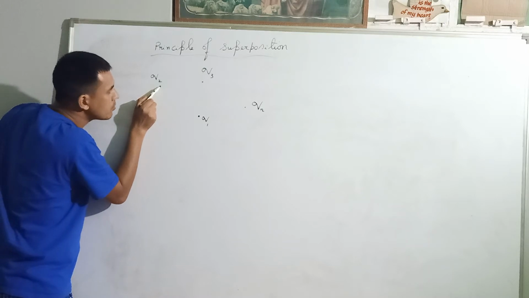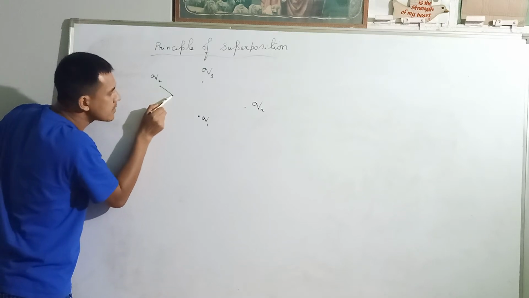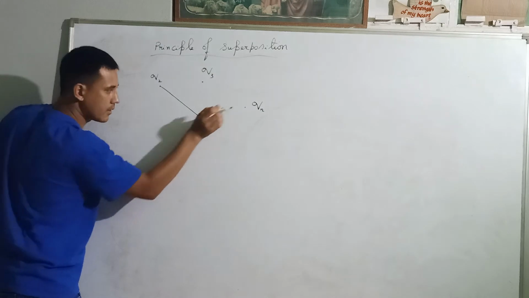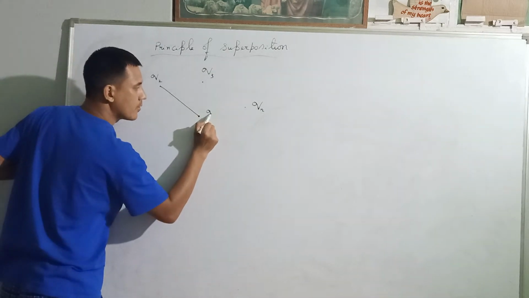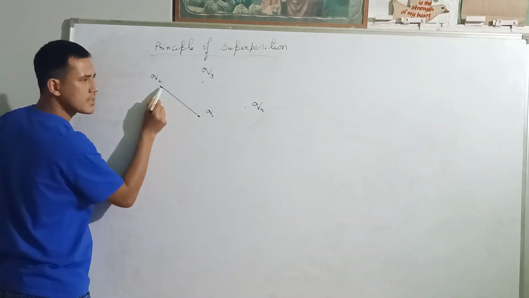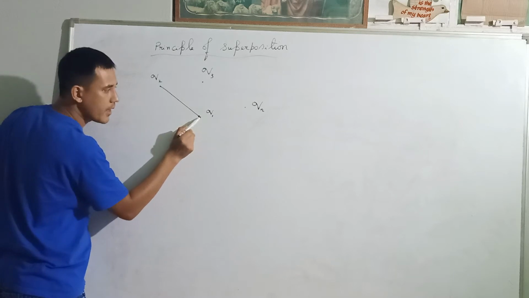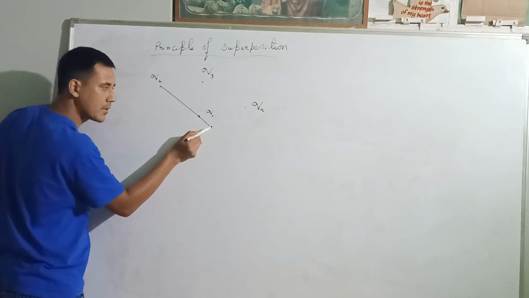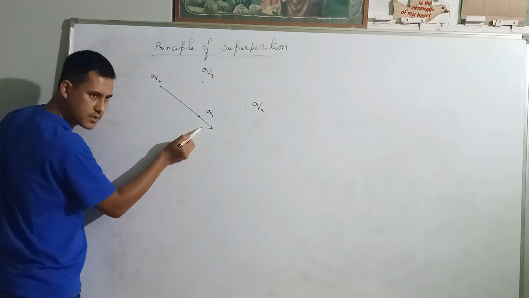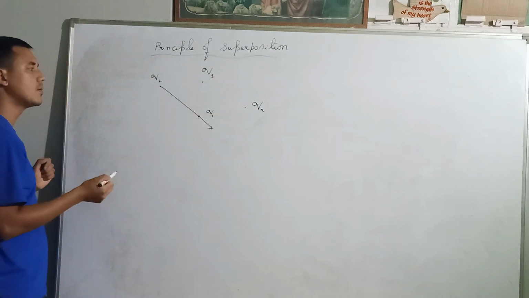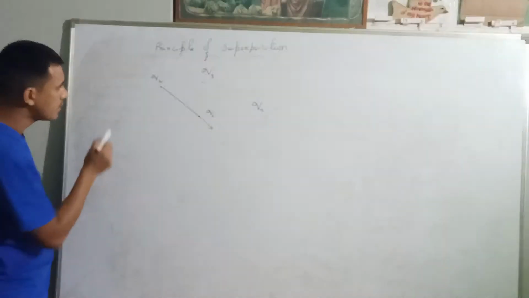Q2 will exert a force on Q1, and that force will act in this direction. It is a repulsive force, because all of these charges are positive point charges.